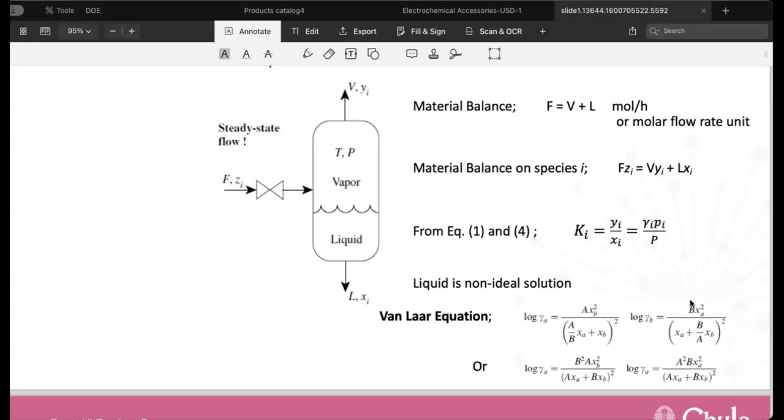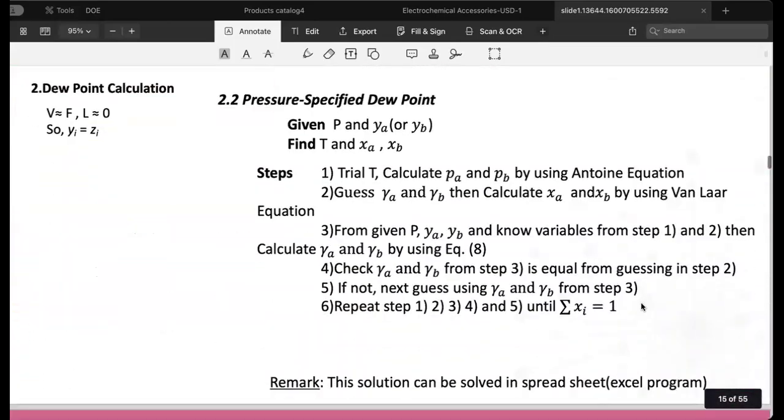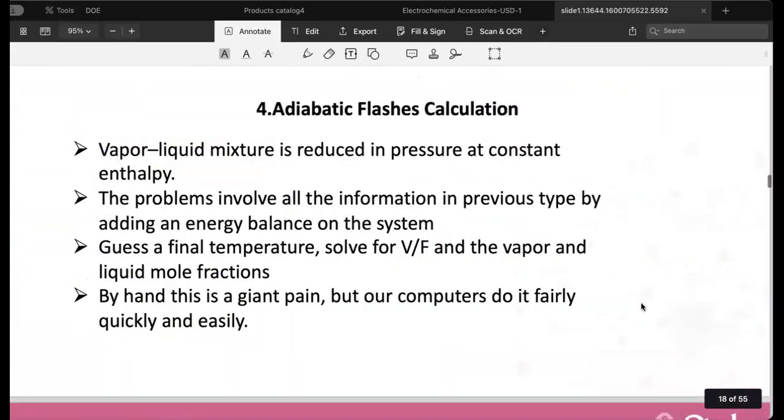However, if you want to know a new mixture, a mixture containing a new component, you have to do it by yourself because no one has done it before. No one has prepared such information before. So that is the reason why we need chapter 9. Okay.